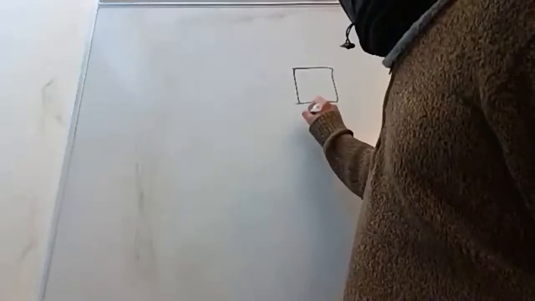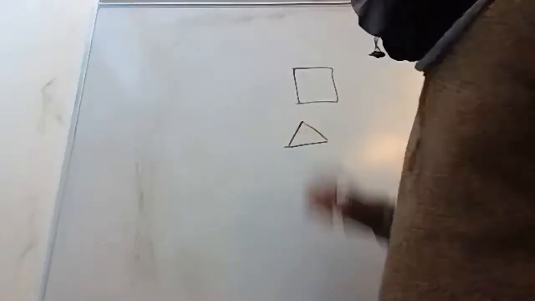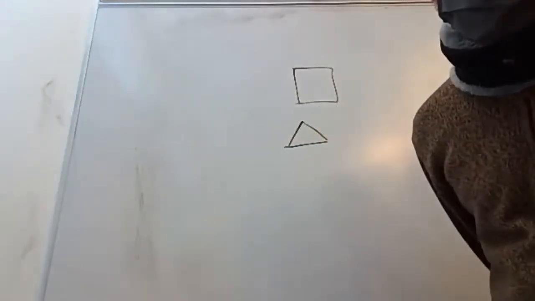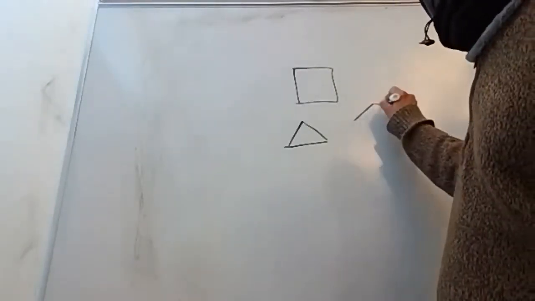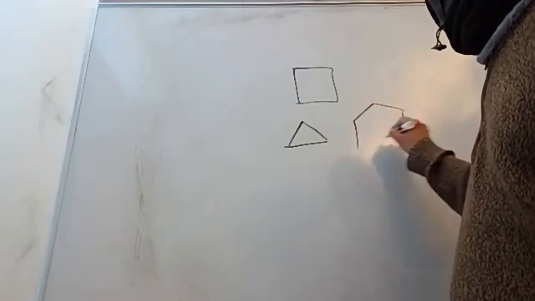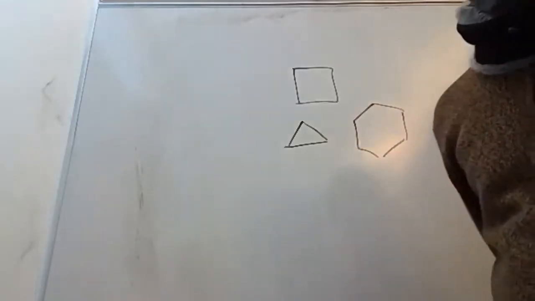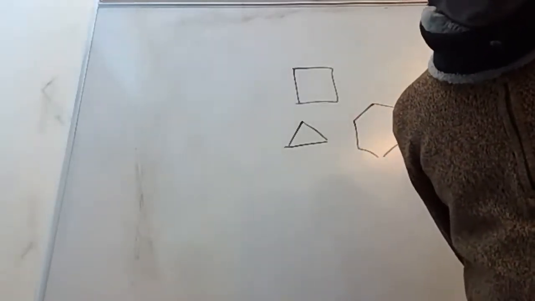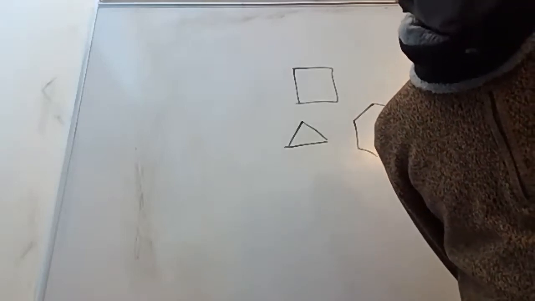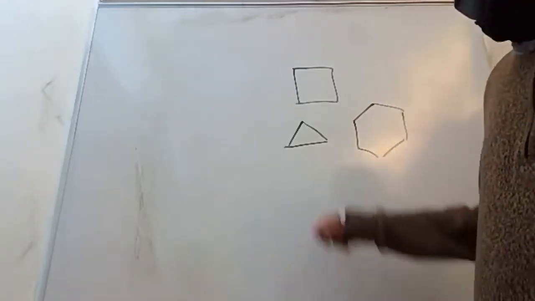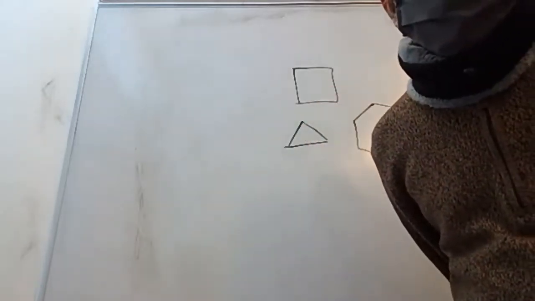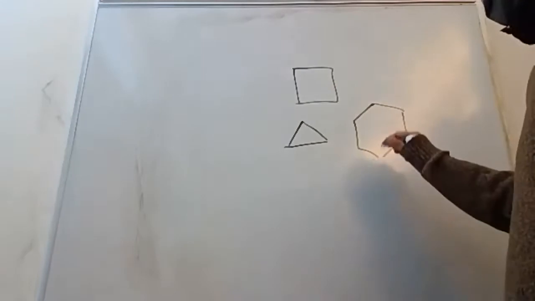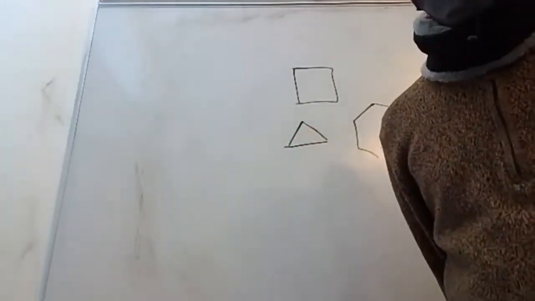You can also have triangular tiles. You can also have hexagonal tiles. You must have seen that in nature, right? The tiles are usually squares or hexagons or triangles.